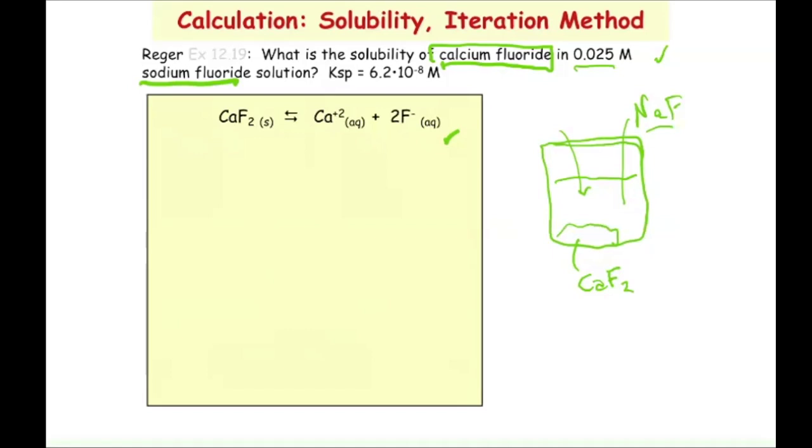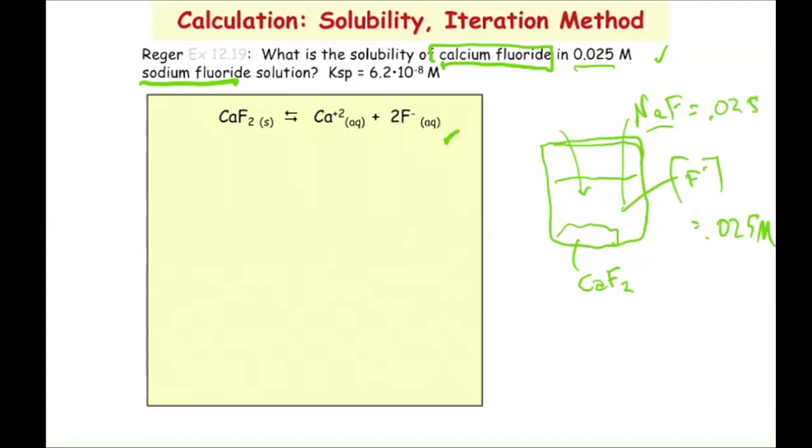But when we have a 0.025 molar solution, you can assume that's pretty small, that all the sodium fluoride will go into solution. So the concentration of this is 0.025. That means that the fluoride ion in here is going to be 0.025 molar, and that's your initial concentration as well.